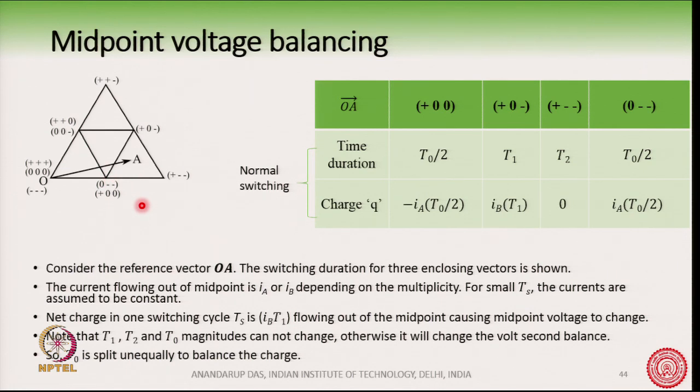If we do that, then we will not violate the sum of this T0. So, if this is 0.4 T0 and this is 0.6 T0, you see I have not violated the total T0 time. That means I have not violated the volt second balance. Okay. So, this must be kept in mind.